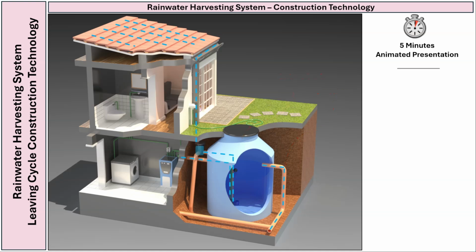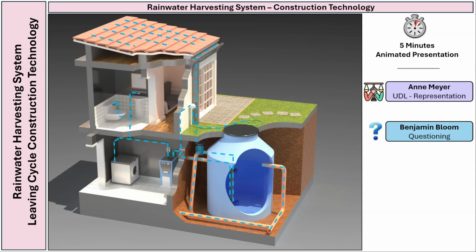The water goes through the tank into the boiler, where it is heated, and then it goes from the boiler and circulates throughout the house to the household appliances. Water then goes to the outside appliances, where it can be used for gardening as well. Any excess water or wastewater will flow through the waste pipe. This aligns with Anne Meyer's UDL for representation and Benjamin Bloom for higher and lower order questioning.